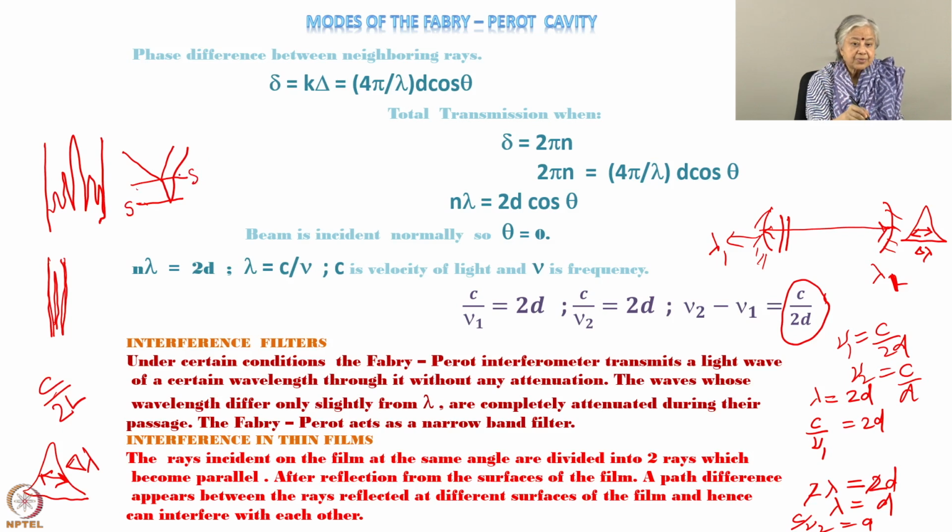So again, the same principle of two rays interfering with each other from one surface and the other. In a Fabry Perot also you had the same thing. One ray which is getting reflected and then part of it which is transmitted. These two surfaces are like the two mirrors of the Fabry Perot. So the same principle is used and you get an interference from thin films.